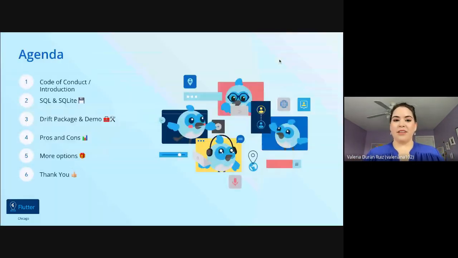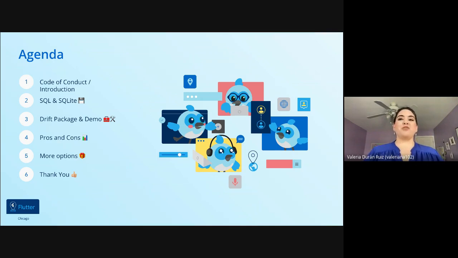So the agenda for today, first we're going to go through the code of conduct and a little bit of an introduction about me. Then just a very quick overview: to use the Drift package, you don't necessarily need SQL and SQLite to really understand it, but I think it's important to know where stuff is coming from. So we're going to go through just the basics that you would need to know from that.